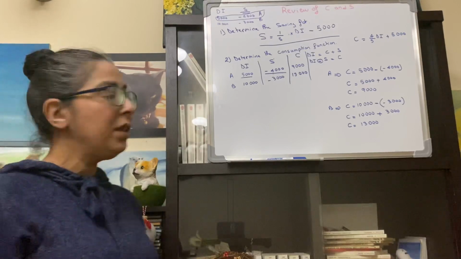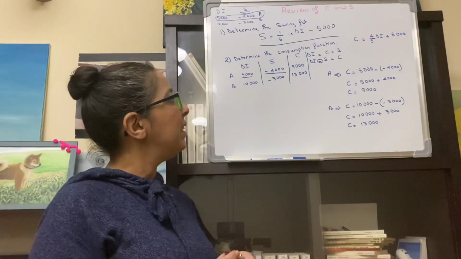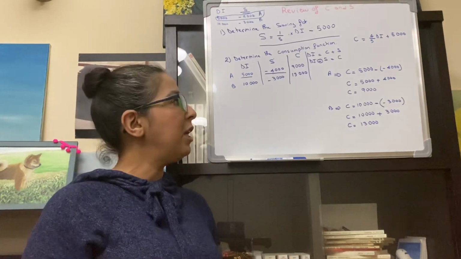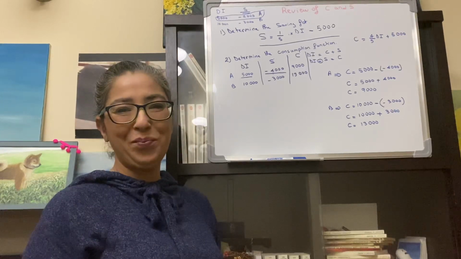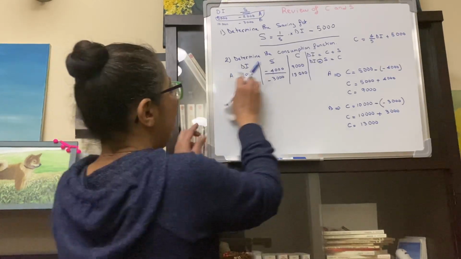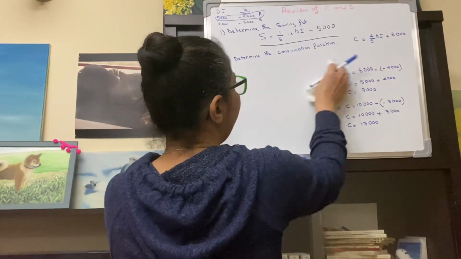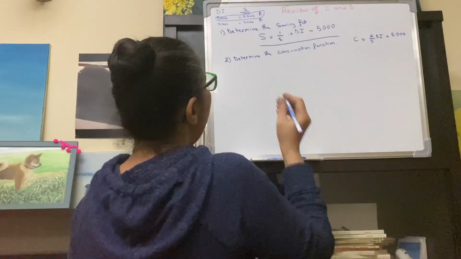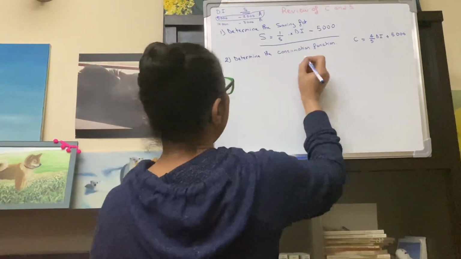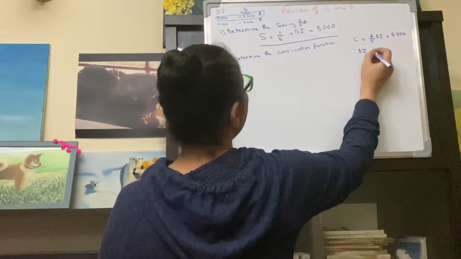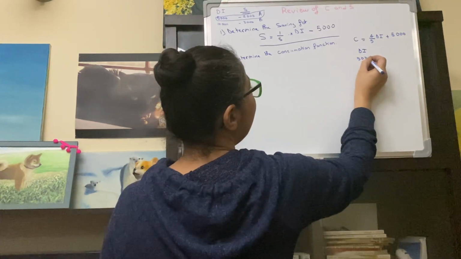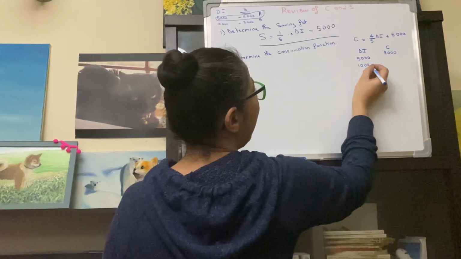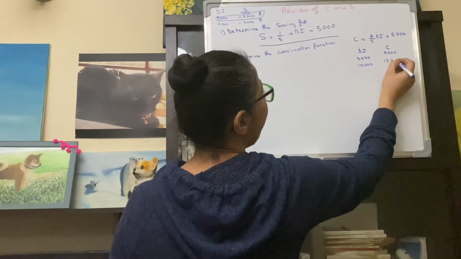Take this down because I need to delete. I'm only going to keep the little table here. Actually, I'm going to rewrite it so that it's easier. So I found that at DI 5,000, my consumption was 9,000, and at DI 10,000, my consumption was 13,000.